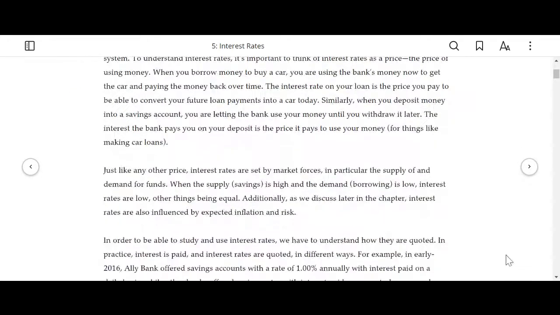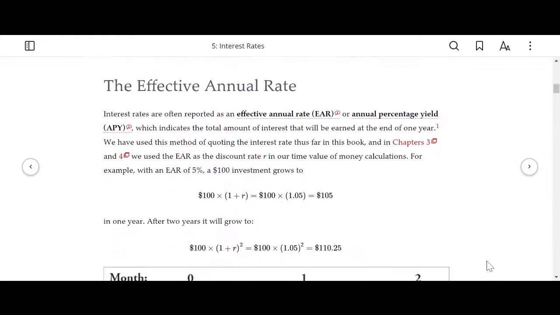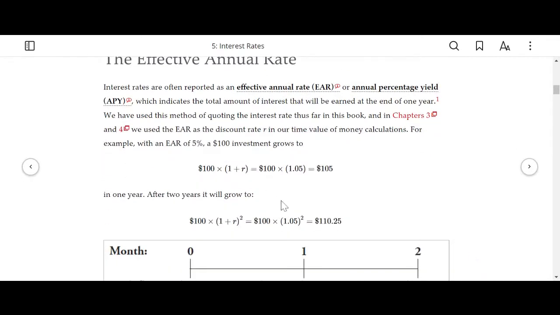So one of the things you have to understand is the effective annual rate, which indicates the total amount of interest that would be earned at the end of each year, right? So you got the small one where I believe it was Michelle that asked me that question about the effective rate. We were talking about the compounding, right?